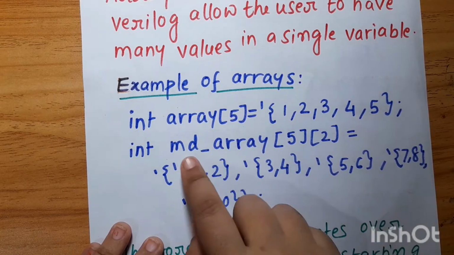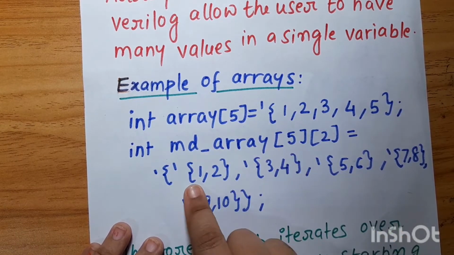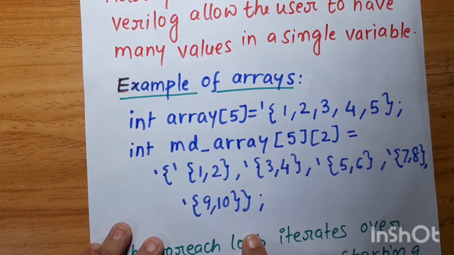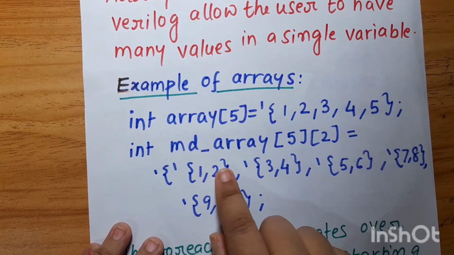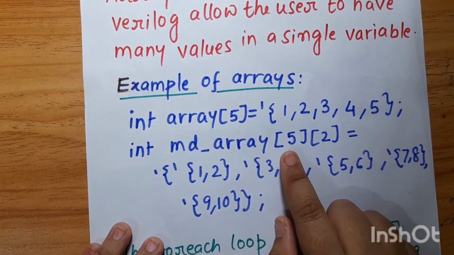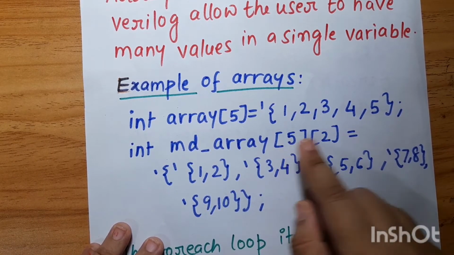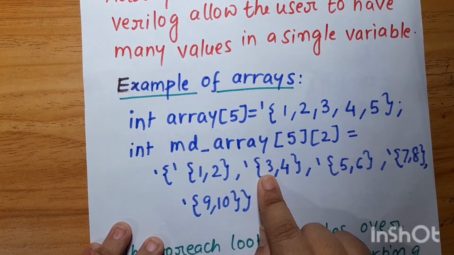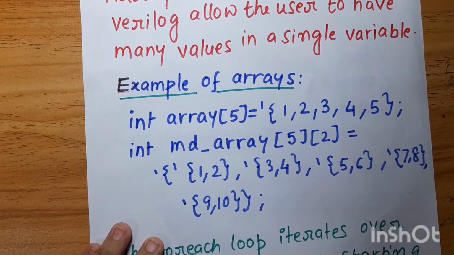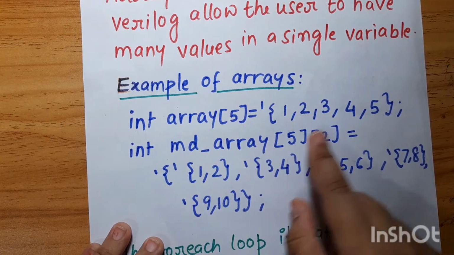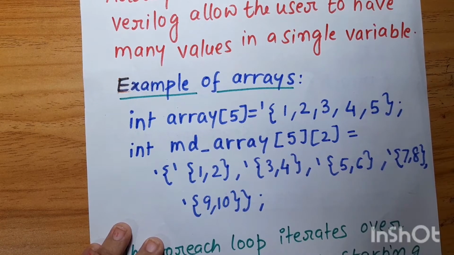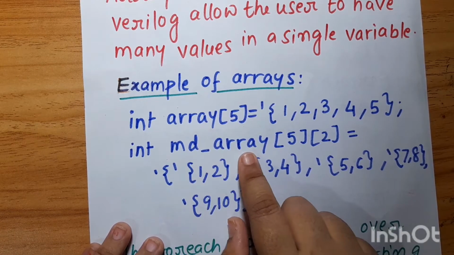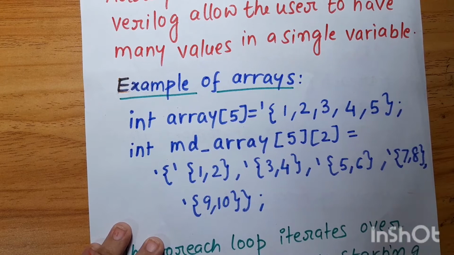So md_array[0][0] would store 1. md_array[0][1] would store 2. The next set of data is 3, 4. That means md_array[1][0], 3 would be stored, and [1][1], 4 would be stored. Then md_array[2][0], 5 would be stored. md_array[2][1], 6 would be stored. Similarly, md_array[3][0], 7 would get stored. [3][1], 8 would get stored.